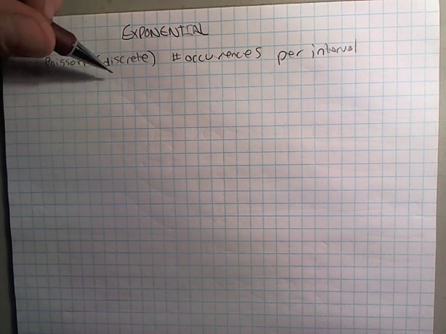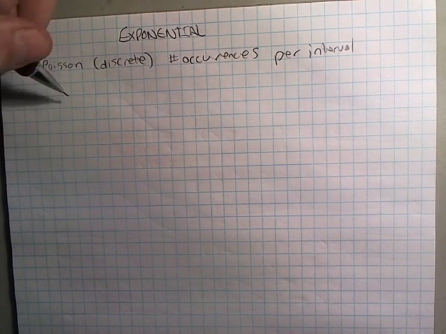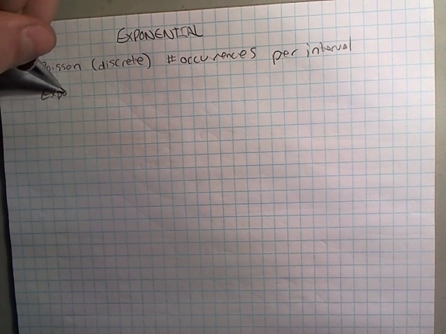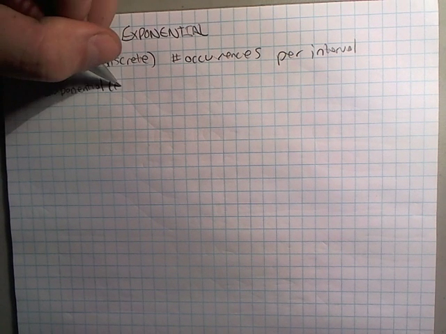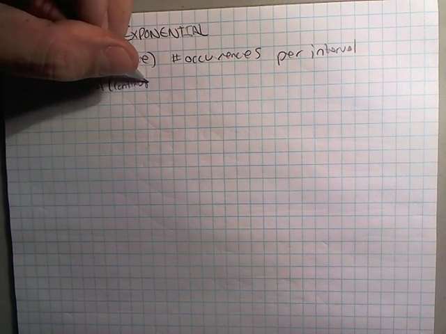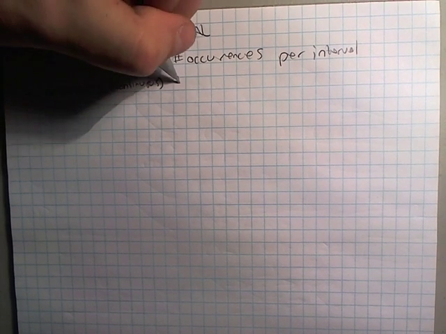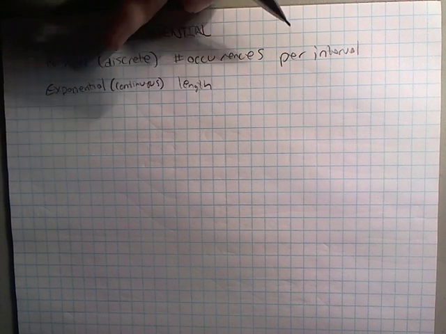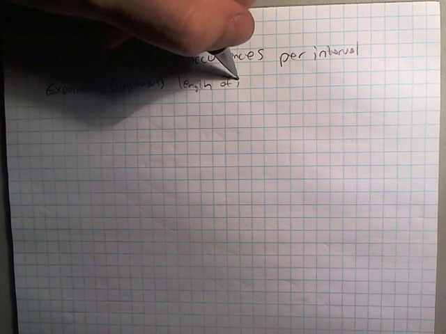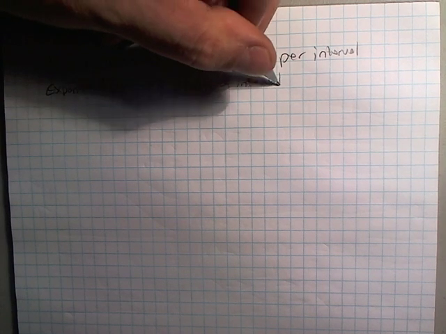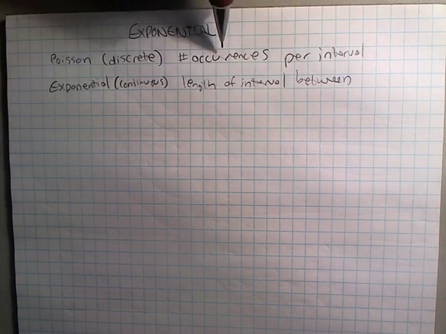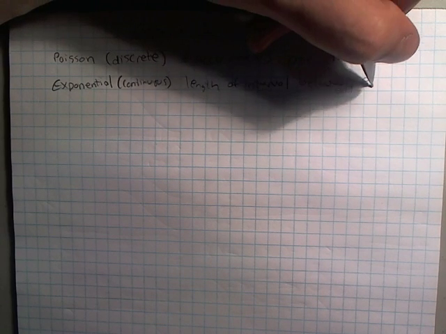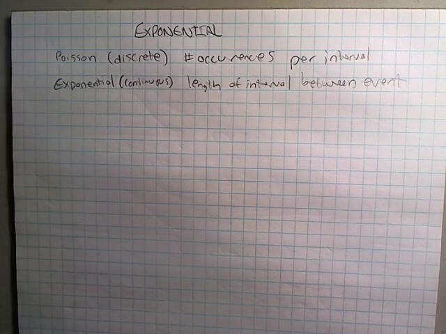What we're going to do now is turn that around, and look at its counterpart, the exponential distribution, which is continuous. What it looks at is the length of the interval that elapses between occurrences of the event.